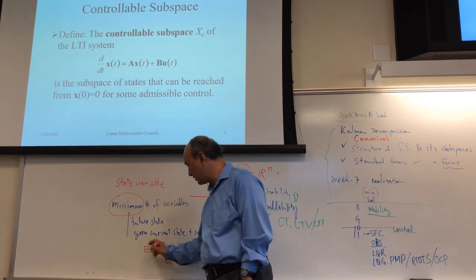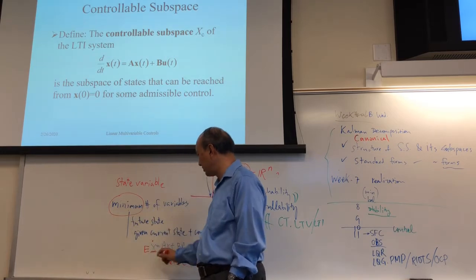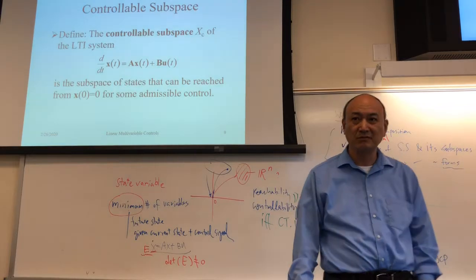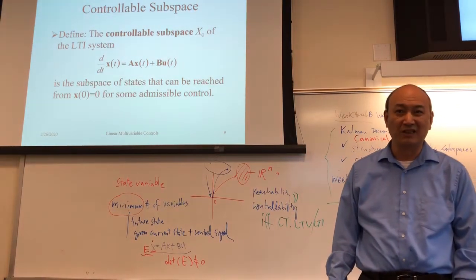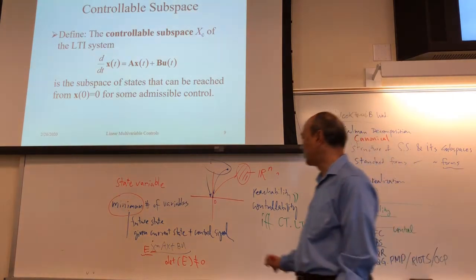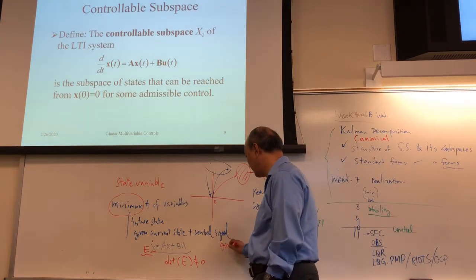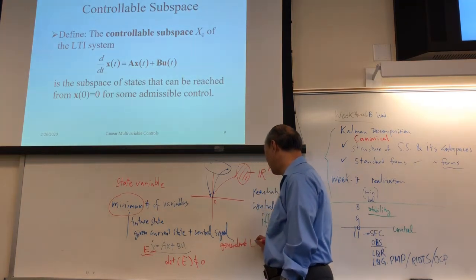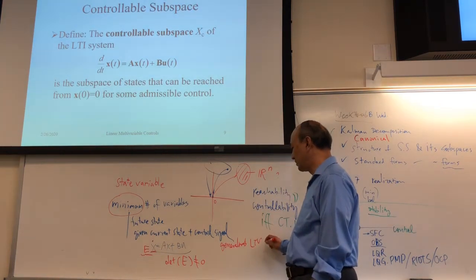But there are cases where, because you didn't use the minimum number of variables, you end up with an E matrix here, and the determinant of E is zero. This type of system is called a generalized linear system.